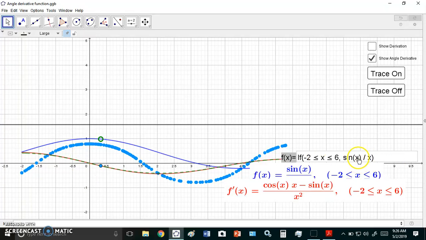But if you reduce this, you'll see that it's a function which is very well defined at x equal to 0 at this point here, right? Okay, and so it doesn't really matter what function you put in here. The derivative function will always lie between pi over 2 and minus pi over 2.